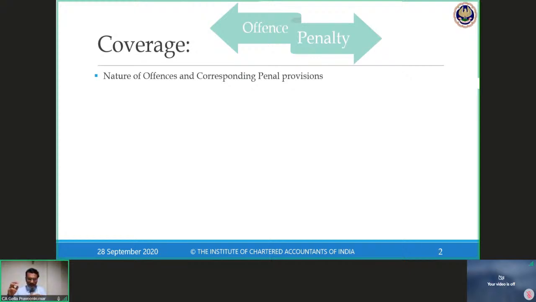Now especially this one chapter, when you read it thoroughly, post qualification, once you get into practice, is going to be the scope of your core concentric practice of indirect taxation. The reason is we say prevention is better than cure.